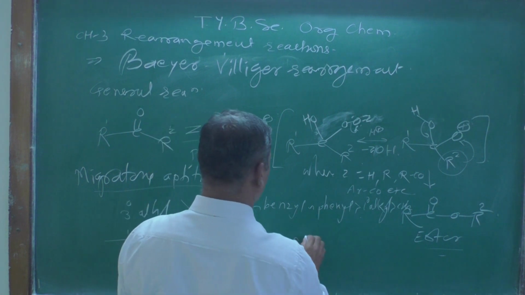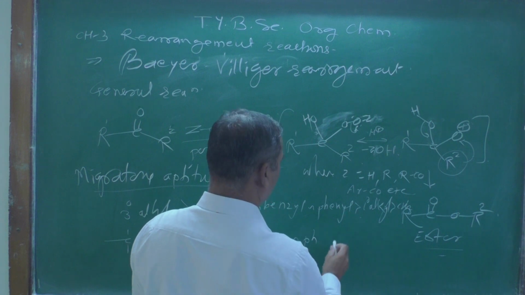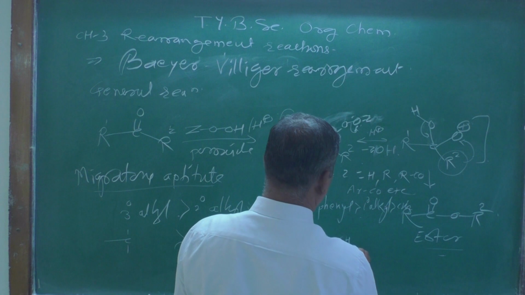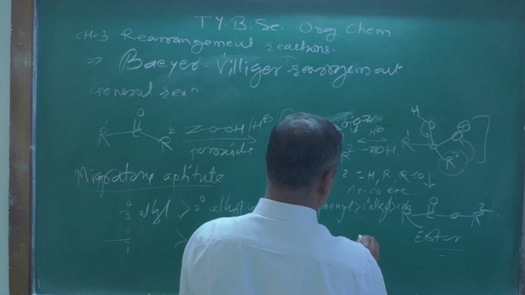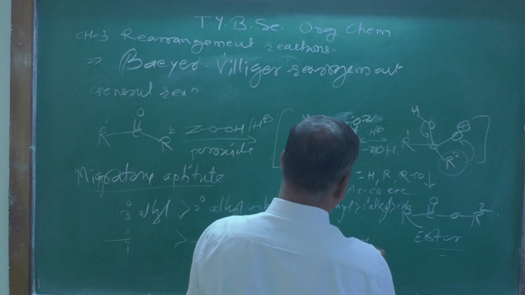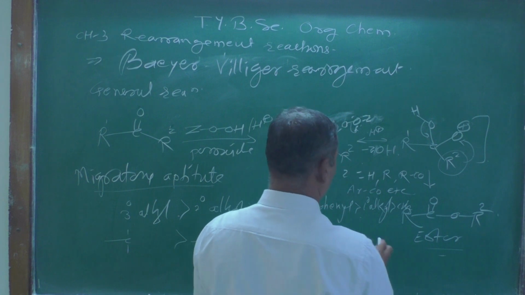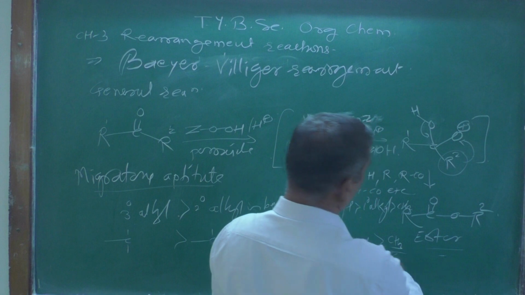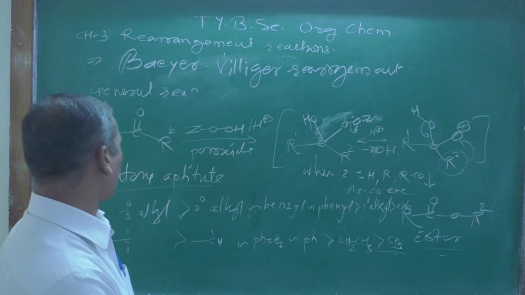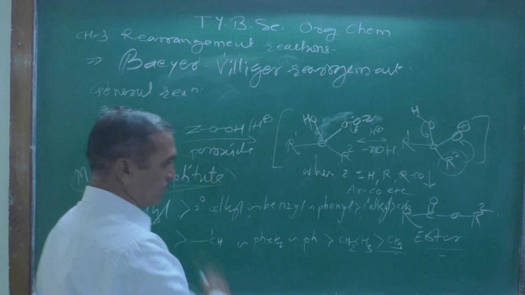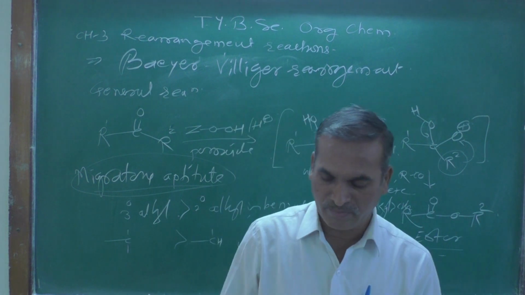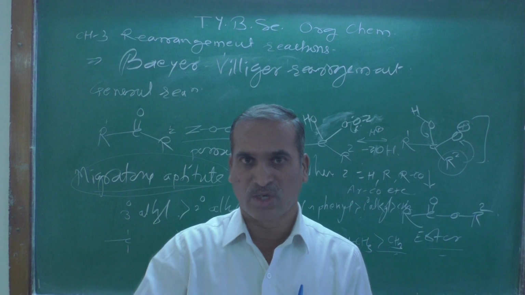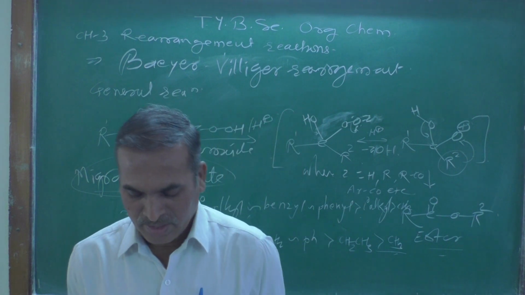Phenyl we know is Ph, and primary alkyl may be CH2, then CH3 like this, primary alkyl, and then this is a methyl group. These migratory aptitudes are very, very important as far as the Baeyer-Villiger oxidation reaction is concerned.